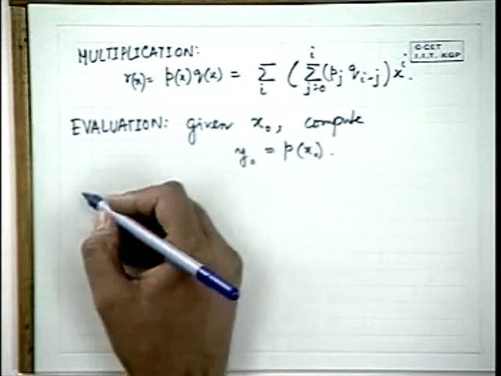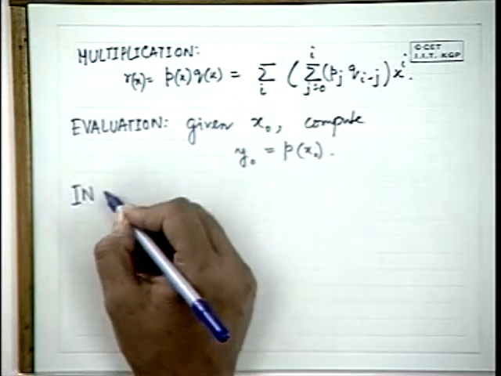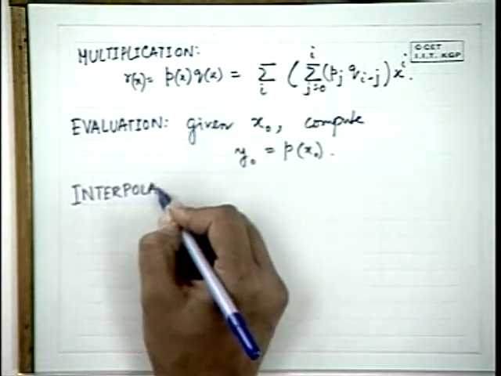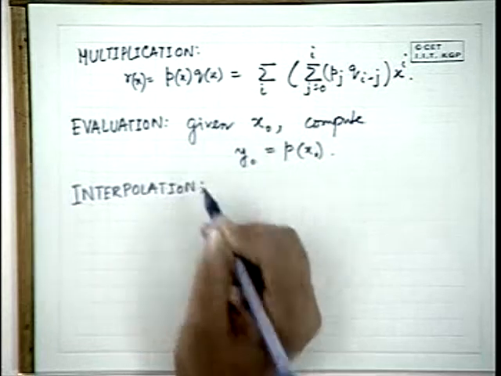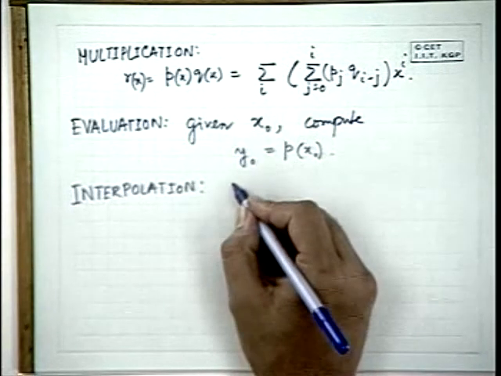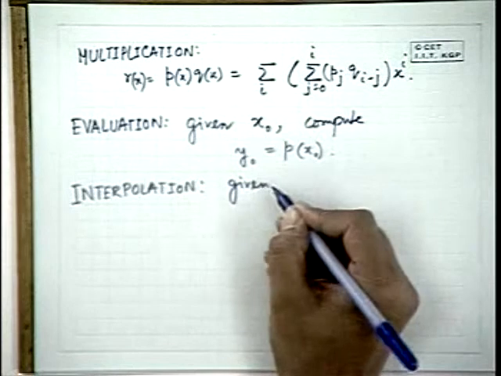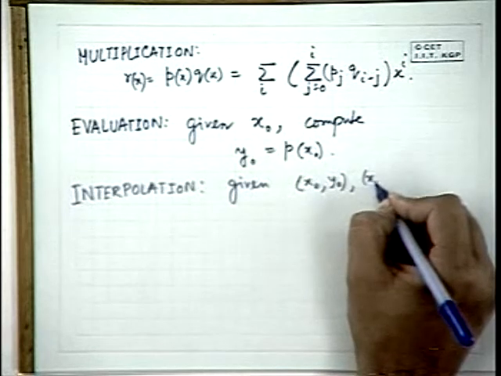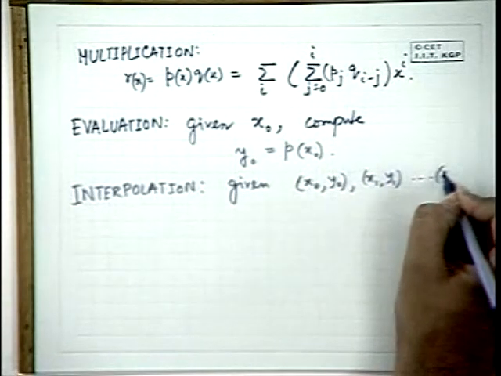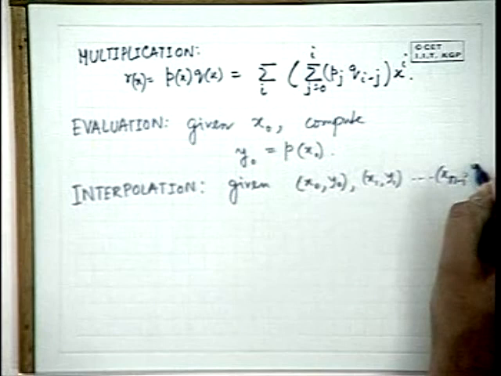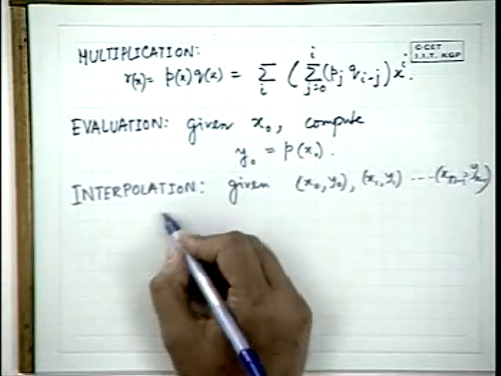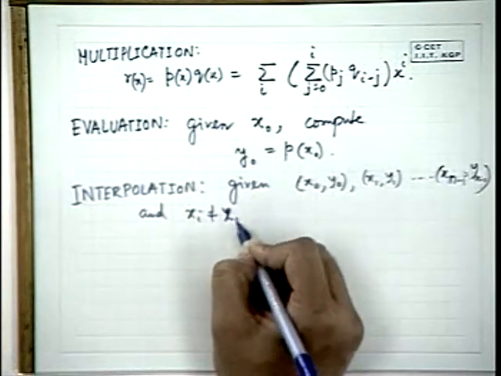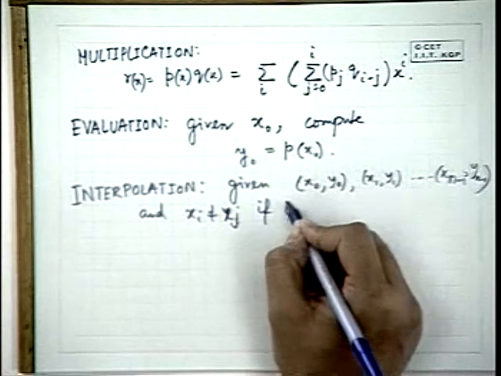That is the next operation, and there is another operation called interpolation. It is just the reverse of evaluation in a sense. So, interpolation is: given n pairs of points, basically (x0, y0), (x1, y1) up to (xn minus 1, yn minus 1), and xi not equal to xj if i not equal to j.